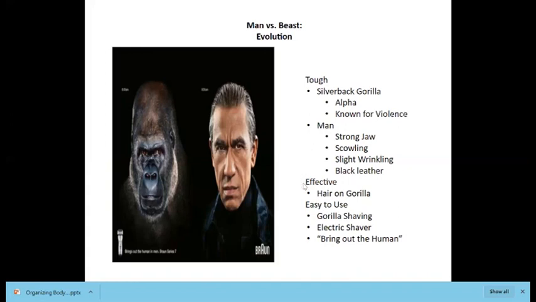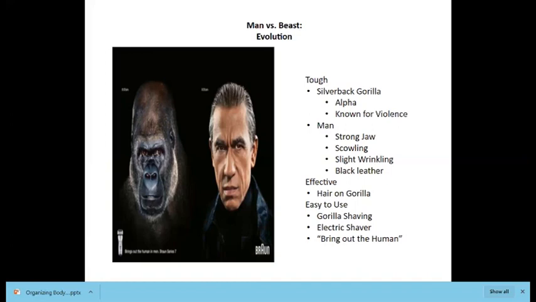We have the idea of how effective it is because the picture suggests, in using the words before and after, that this particular razor can shave all of the thick, coarse hair off of a gorilla and leave a smoothly shaven man.